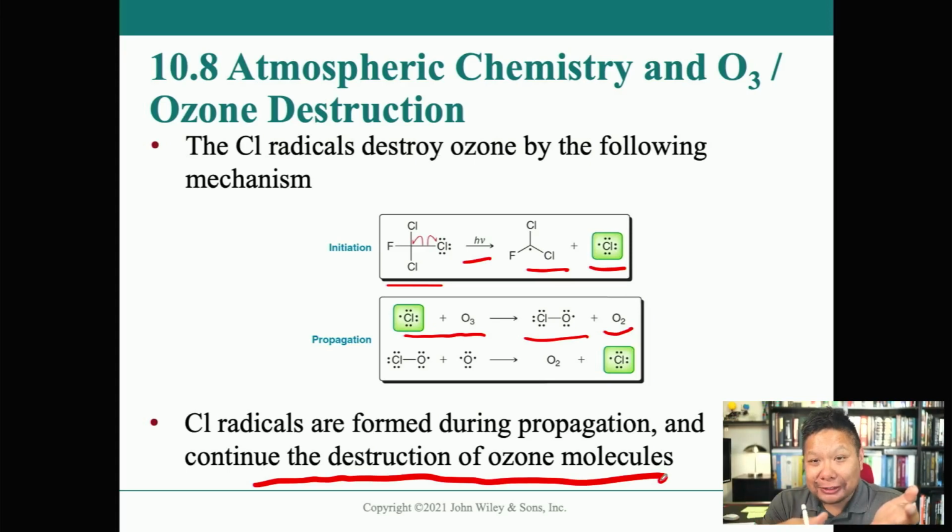But ozone, once O3 absorbs UV light and becomes molecular oxygen, O2, it can then be recycled back into O3 and be used again. And so that's the big problem here.